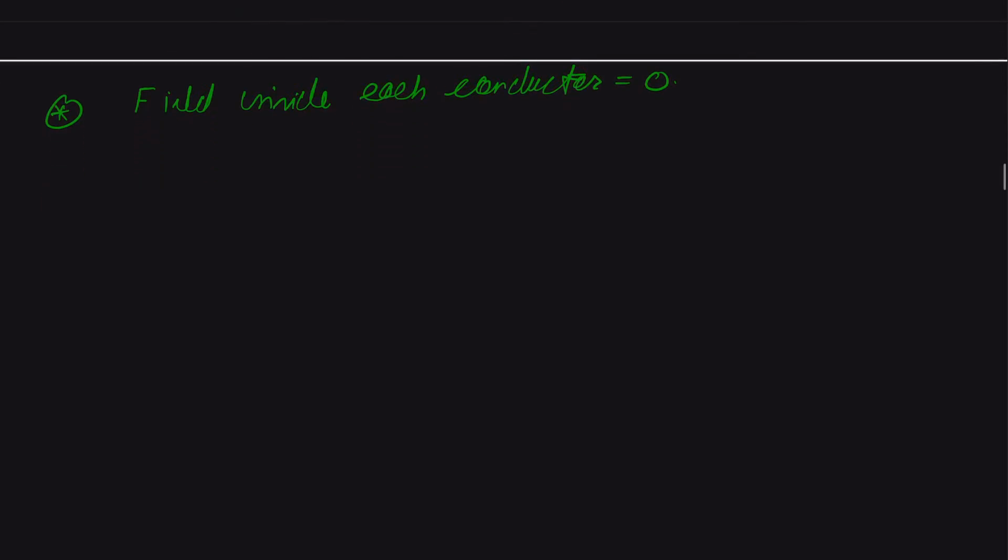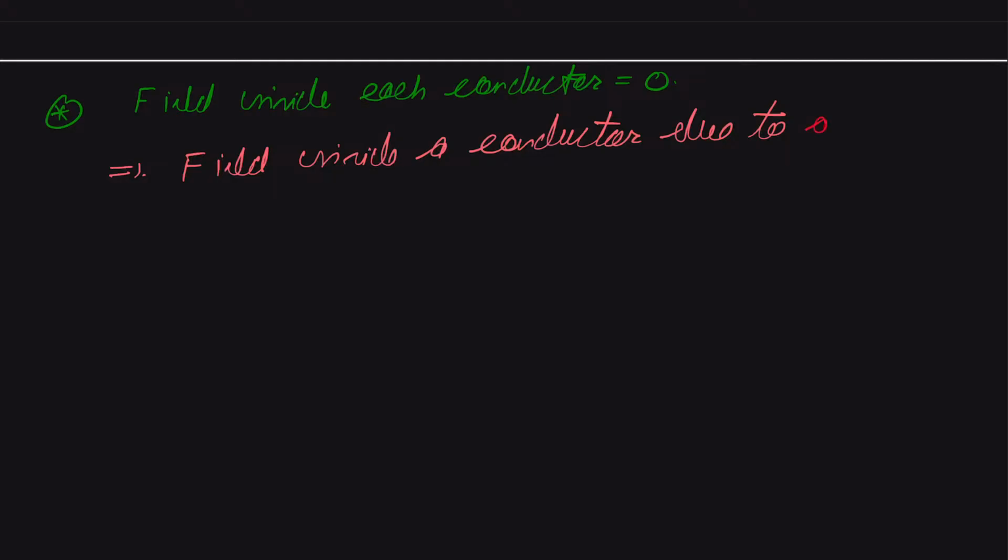So let me start with the electric field. We know that our field inside each conductor is 0, and therefore we can further write that the field inside a conductor due to all surface charges must vanish.